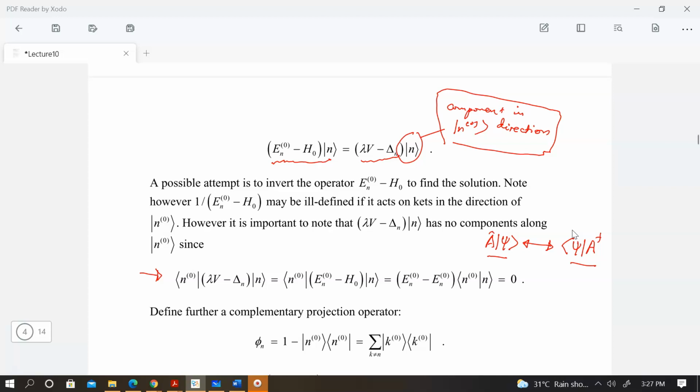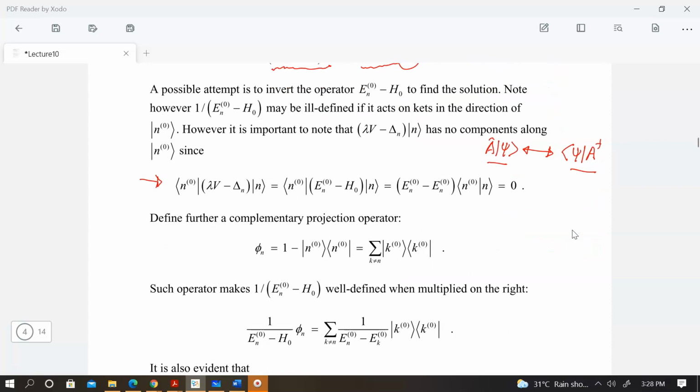So in other words, not only are we avoiding the problem, if you have the fact that this ket vector is being projected in directions away from this n naught direction, then you have no problem. So what we do in this particular case is to define a projection operator called the complementary projection operator.